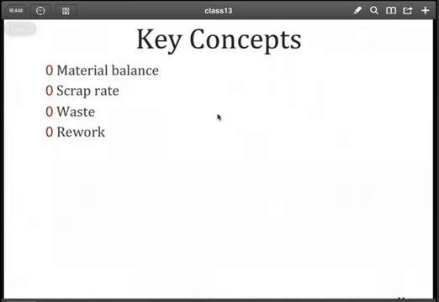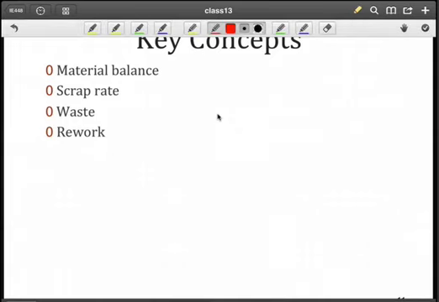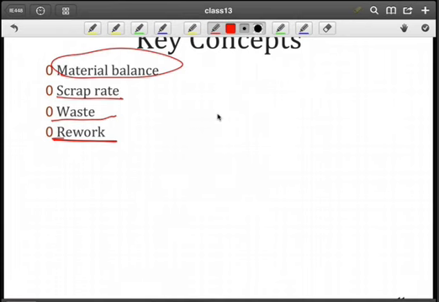So the key concepts here are, first of all, going into a process and exiting a process, we have a certain material balance that must be maintained. That material balance involves a scrap rate, which characterizes the process in terms of its ability to achieve the intended outcomes. We also produce waste in this process, where material enters the waste stream. And finally, rework represents a secondary process in which we try to restore the value of that part to its intended outcome.